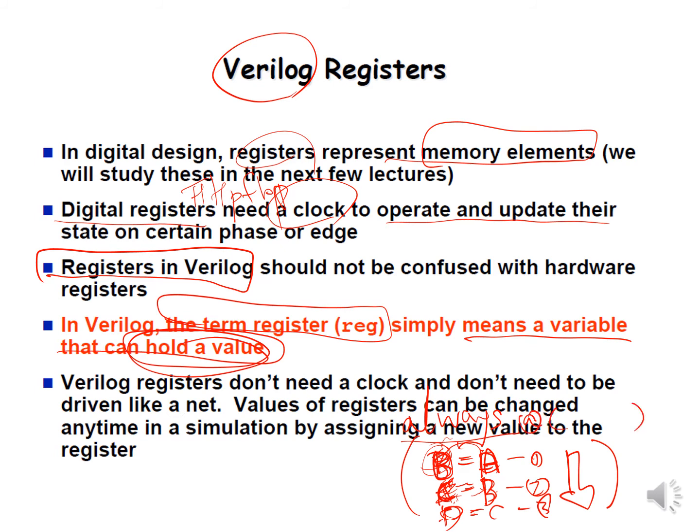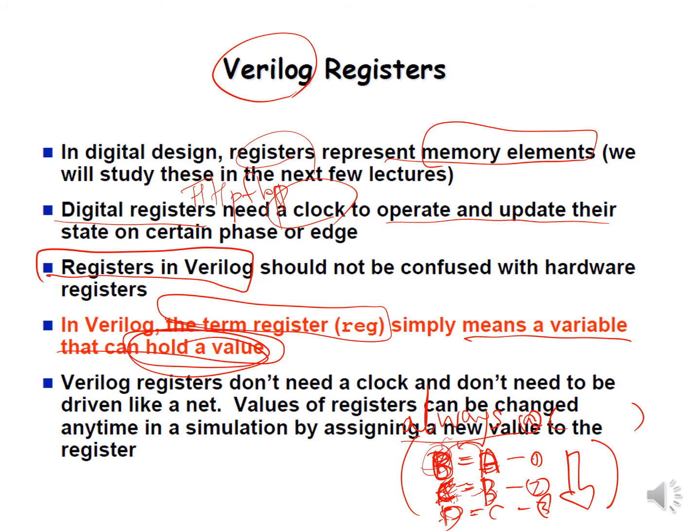So a Verilog register doesn't require a clock, and it also doesn't need to be driven like a net, right? The value of a register can be changed anytime in simulation.